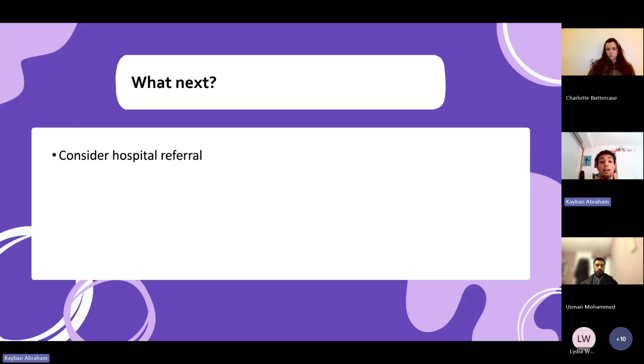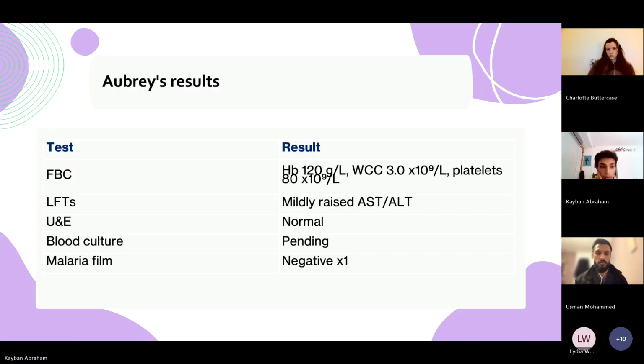Okay, so as we said, we don't know what's going on in this patient. A GP practice is not equipped to deal with this. You're going to send them to the hospital, ideally to A&E. So they do their first set of bloods, and they have a look. And what we've found is in their full blood count, everything's a bit low.